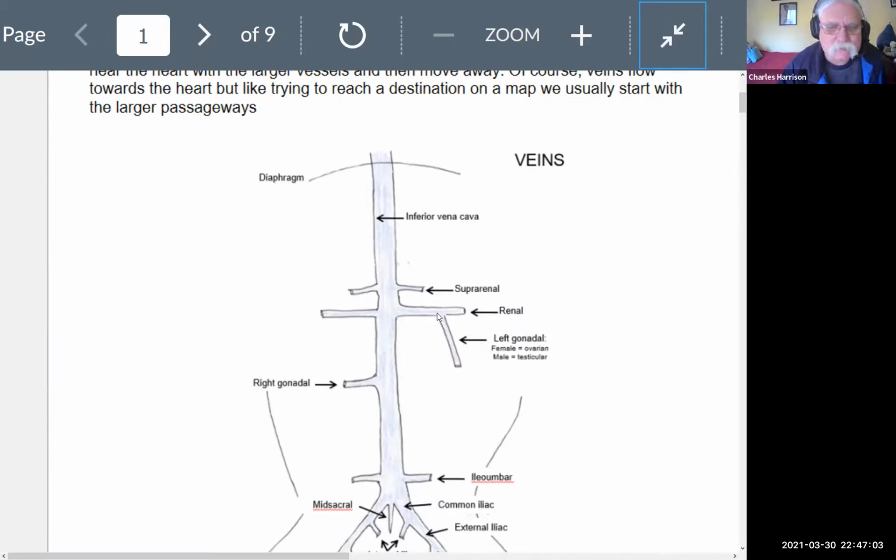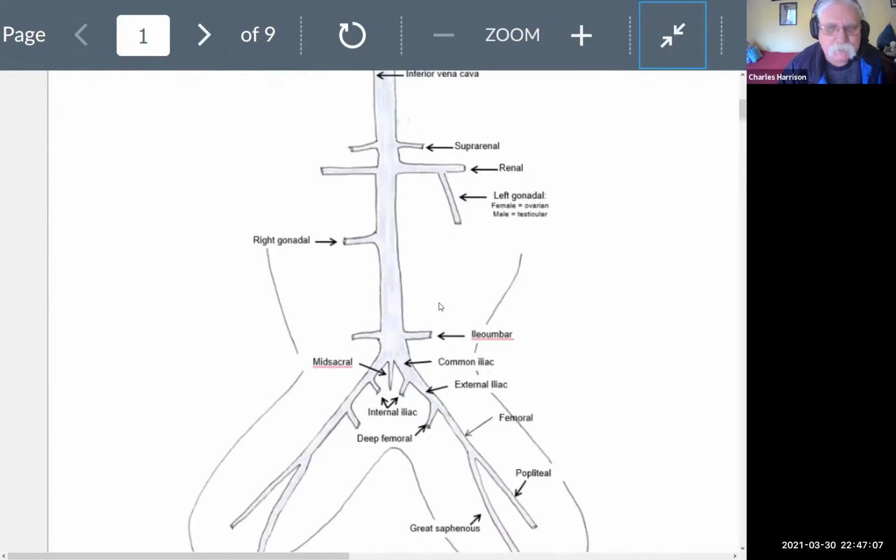On the left-hand side of the cat and human, we have the left gonadal. This usually comes from the ovary and not the testes on the left side. This is the left gonadal, though we don't have to identify the sex of the cat or the specimen.